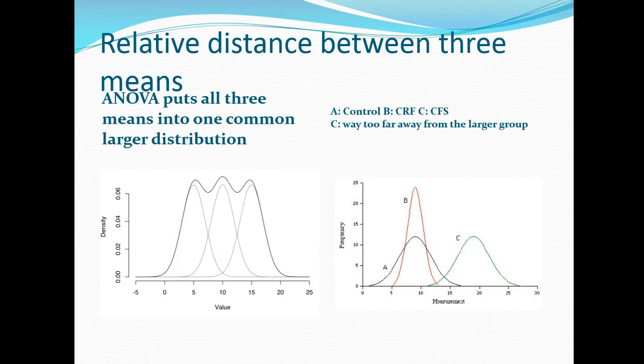So as was mentioned earlier, ANOVA checks the relative distance between three means. It puts all three means into one common larger distribution, as shown right here, and then it will check for statistical significance, and it will answer the three research questions that I just went through in the past slide.